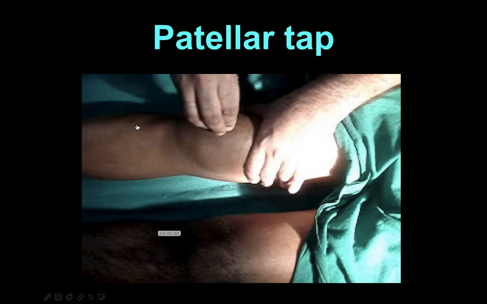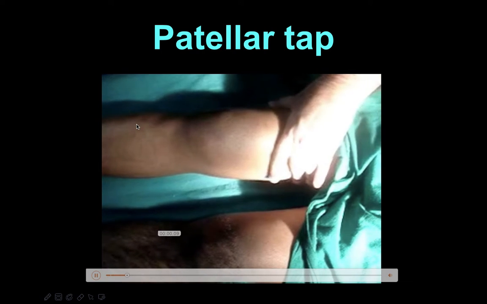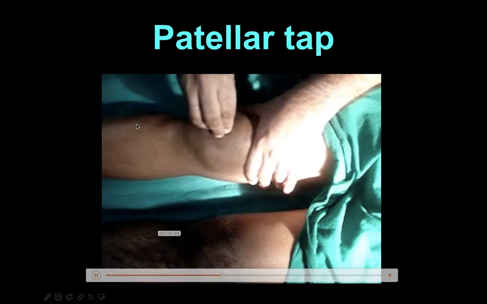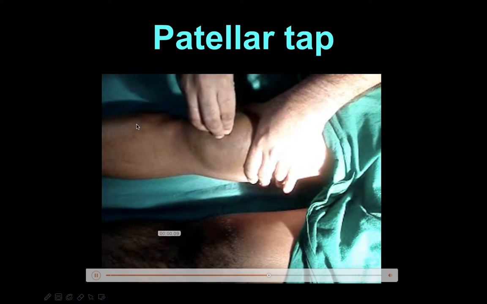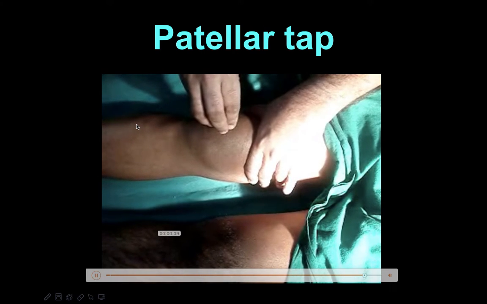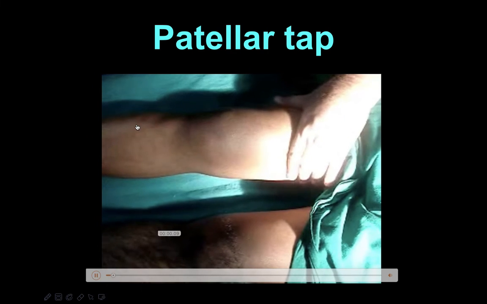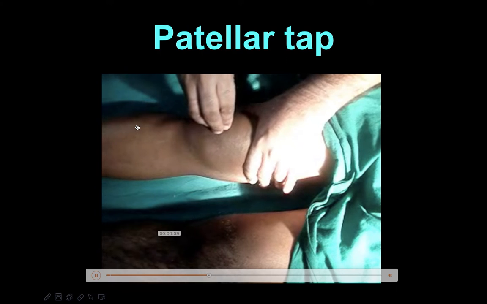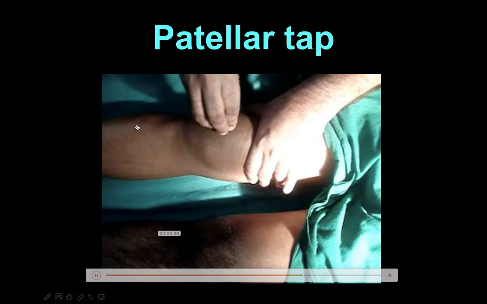Then we squeeze the suprapatellar pouch so that the fluid comes on and around the patella. Then we gently press the superior surface of the patella so that it hits the femoral condyle and rebounds back to our finger. This indicates that there is free fluid in the knee joint.